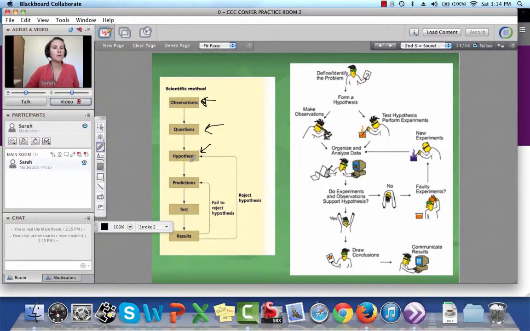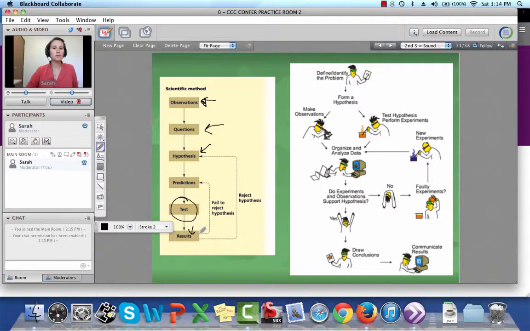Now, once they have a hypothesis, they predict what the outcome will be, and then they create tests to test that. Okay, well, how are we going to test to see if it always rains when the weatherman says there's a 30% chance of rain? Well, we're going to go through years and collect data and analyze the results and check out all these percentages. And then they're going to publish their results in a paper.